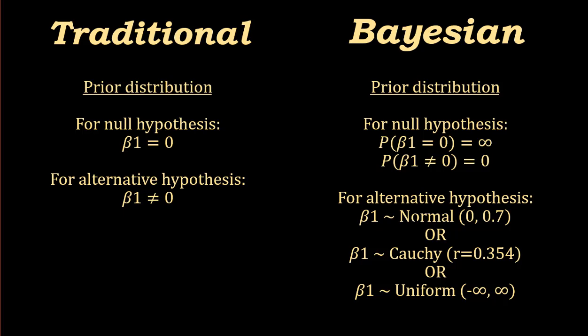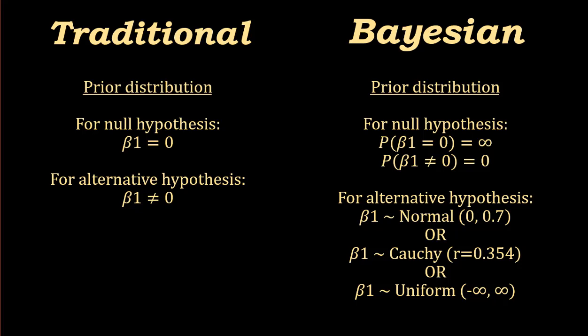In this case, we say that beta 1 is normally distributed with a mean of 0 and a standard deviation of 0.7. So basically, this is a normal distribution, and values close to 0 are more probable, and further away from 0 are less probable.